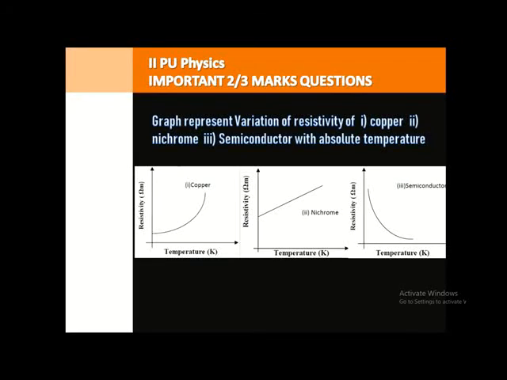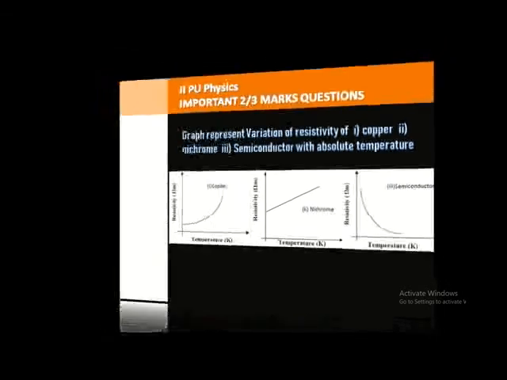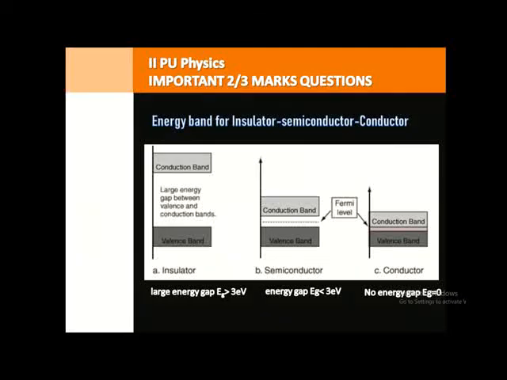In the same way, they ask to draw a graph representing the variation of resistivity with absolute temperature for copper, for nichrome, and for a semiconductor. Also, the classification or distinction of solids into insulators, semiconductors and conductors based on energy band diagrams.